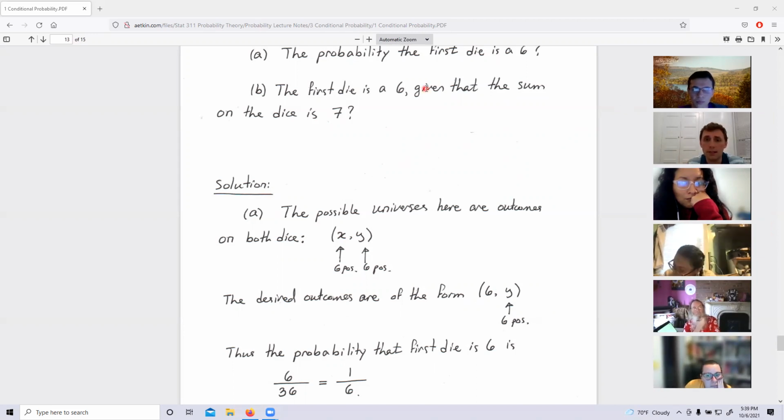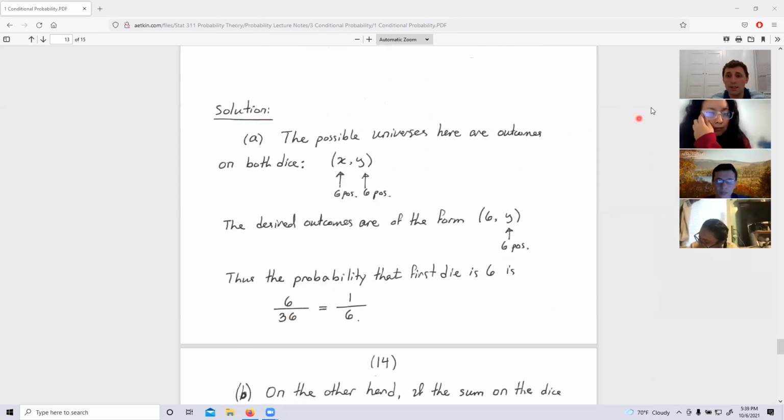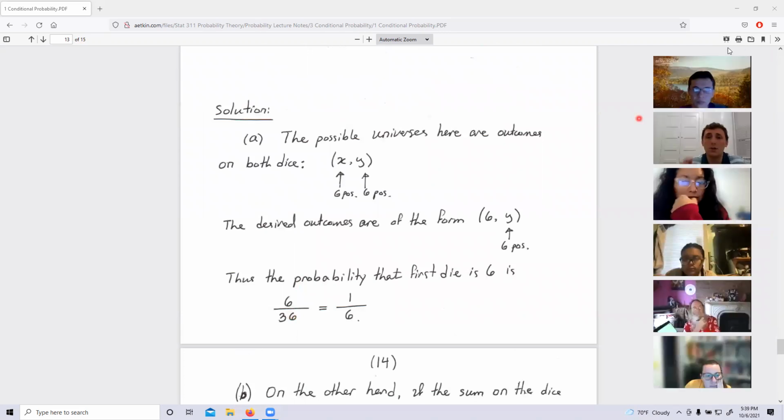Now, the true answer for question number A is 6 over 36. You agree? So there are 36 universes possible, and 6 of them are universes with a desired outcome. So you were all correct that the answer is 1 over 6, but it's more correct that the answer is 6 over 36. You understand?